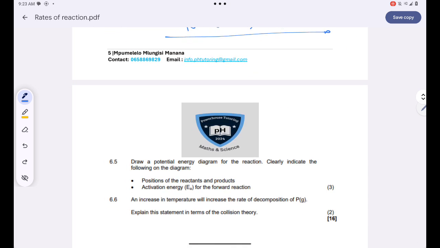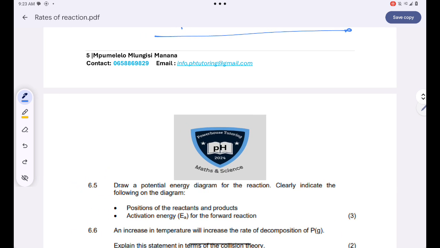Now I'm supposed to draw the potential energy diagram for the reaction, and I must clearly indicate the following on my diagram. Remember, guys, I have an exothermic reaction. So the heat of my reactants should be greater than the heat of my products.